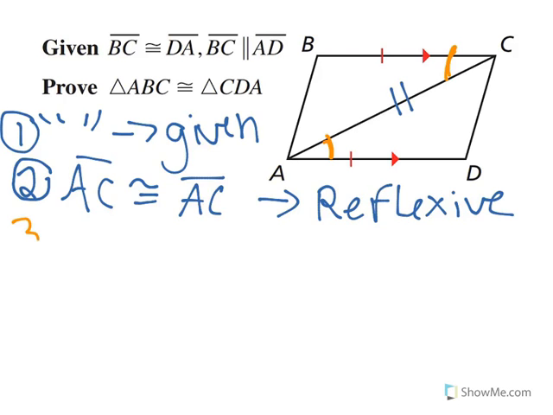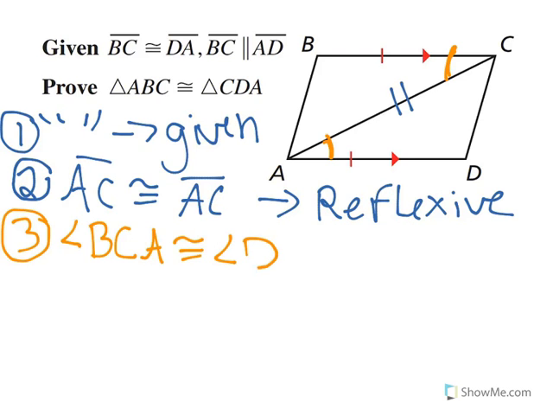So now I'll write those. So I have angle BCA is congruent to angle DAC. And those would be alternate interior angles.